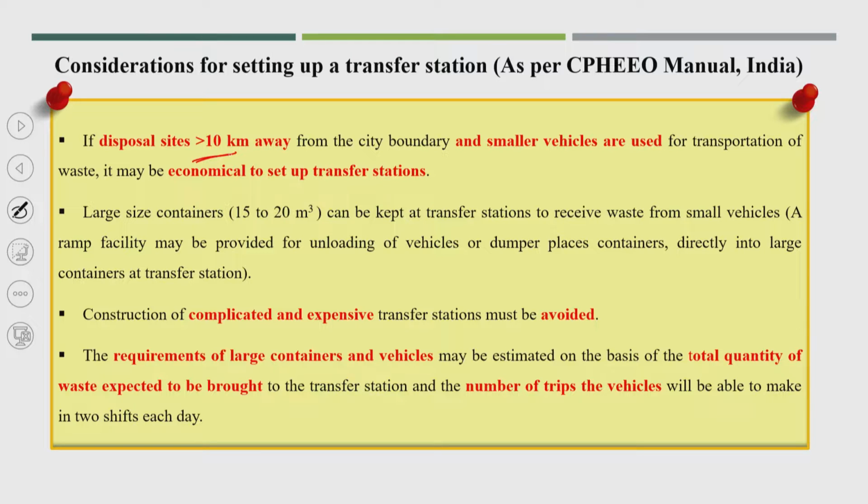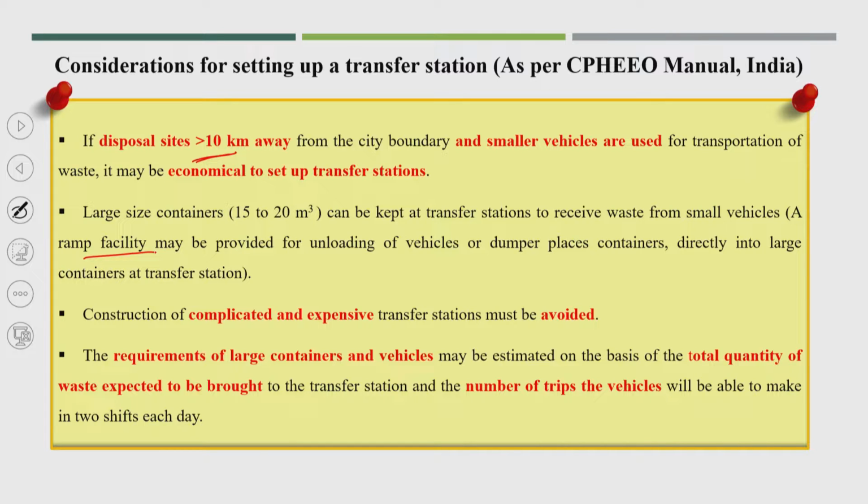Another point is that large containers of 15 to 20 cubic meters can be kept at the transfer station to receive waste from the small vehicles. A simple ramp facility may be provided for unloading smaller vehicles or dumper placer containers directly into the large container at the transfer station.